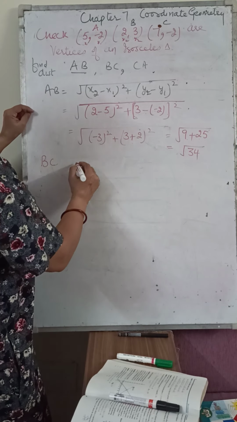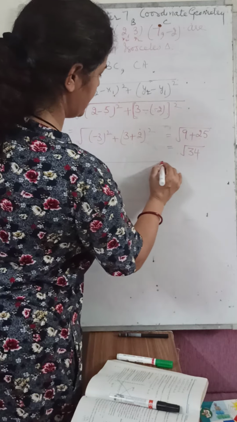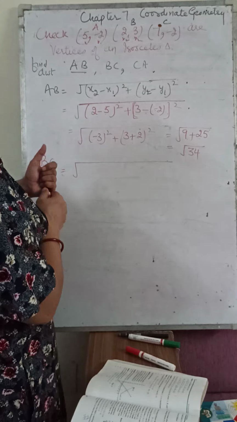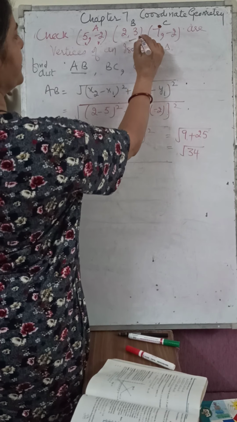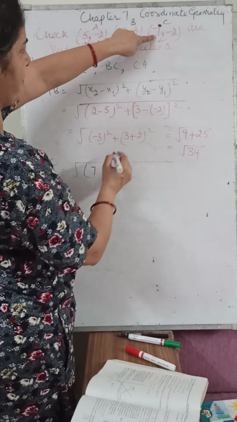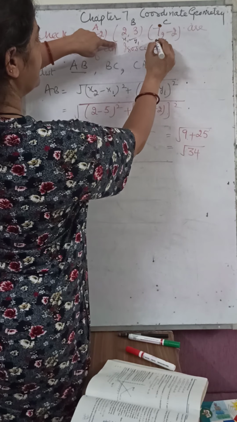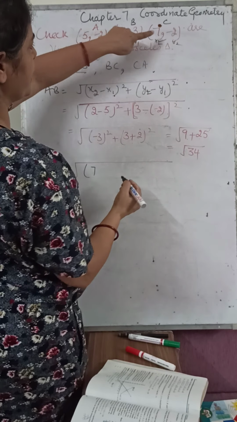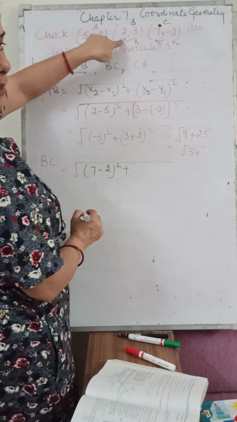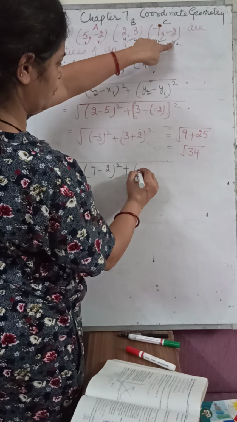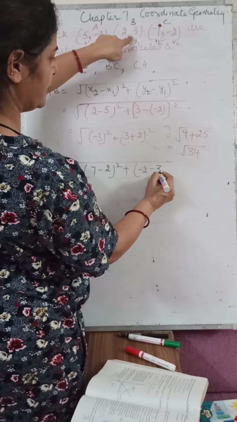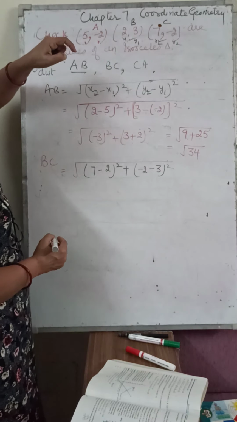Now let's find BC. For finding BC, you will use the same formula. This is B and this is C. x2 means 7. Now this is x1, y1, this is x2, y2. Okay. 7 minus x1 2 whole square plus y2, y2 is minus 2 minus y1, y1 is 3, whole square.